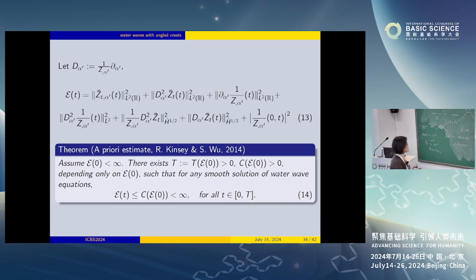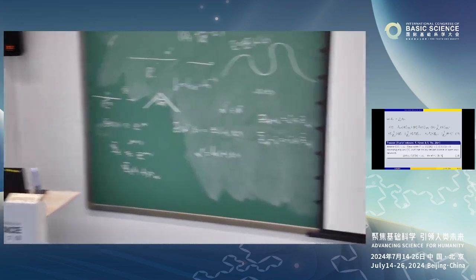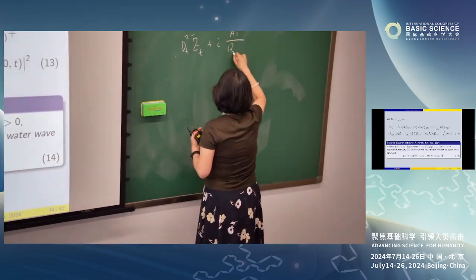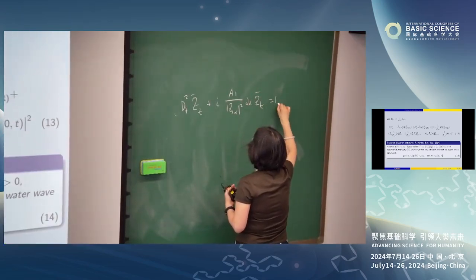So I put the quasi-linear equation here, okay? Dt squared plus i A1 Z alpha squared d alpha ZT bar equal to lower order.